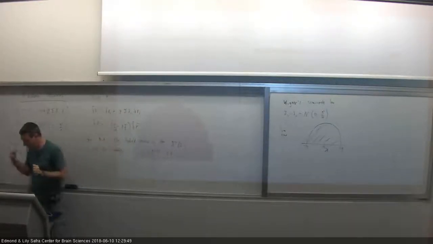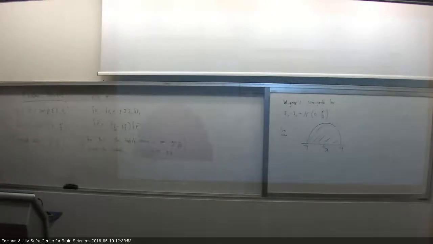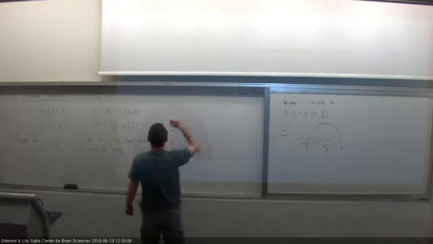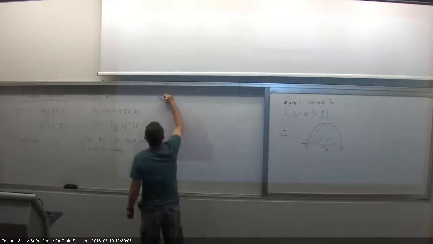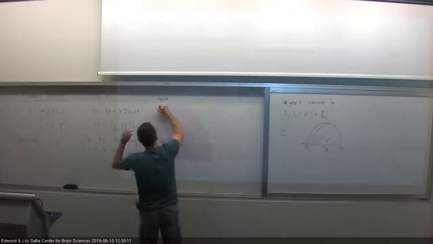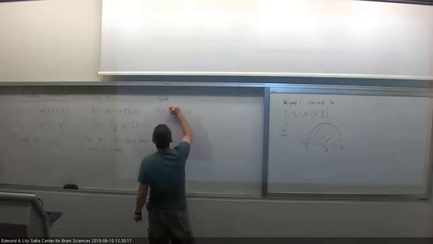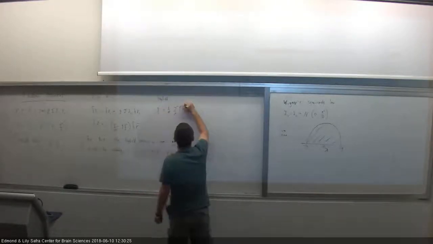So we can go back to our Hopfield model intuition. In the Hopfield model, Jij is equal to 1 over n sum over mu. Let's use a matrix notation, p mu p mu transpose.